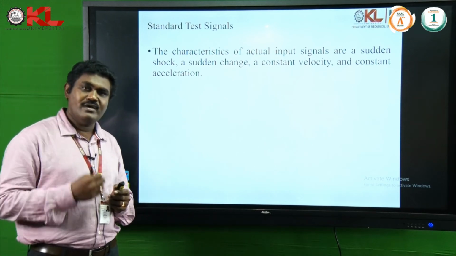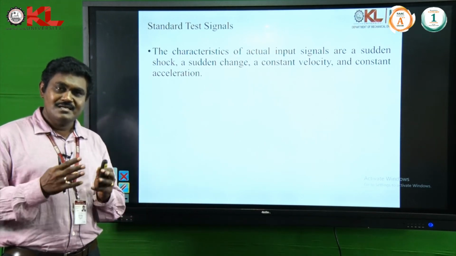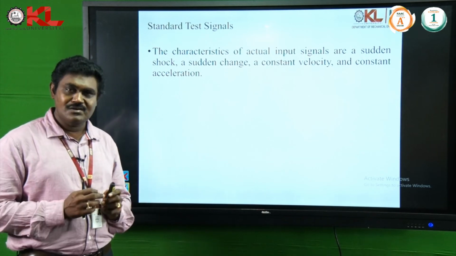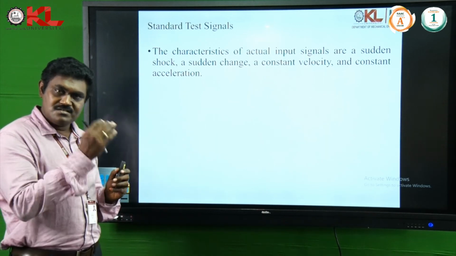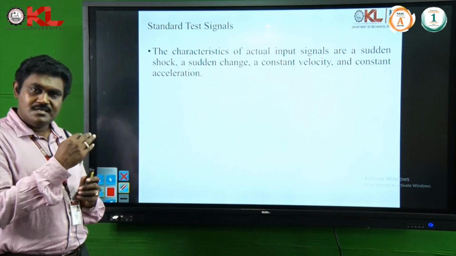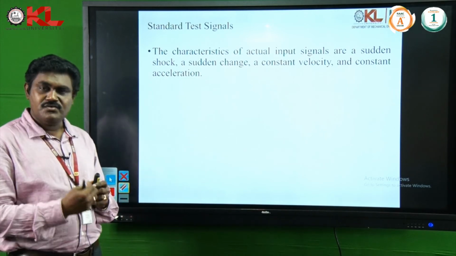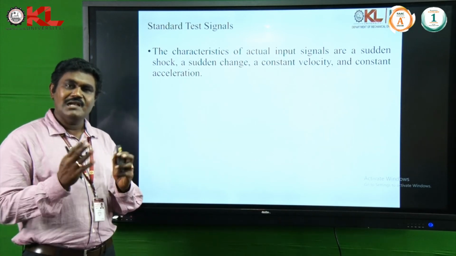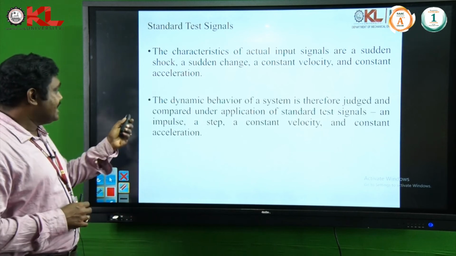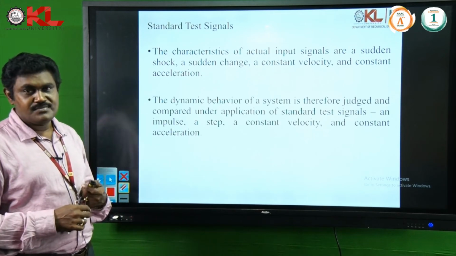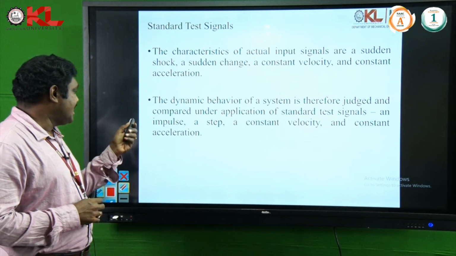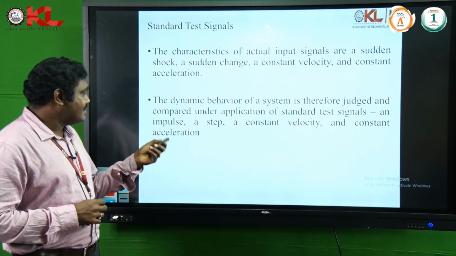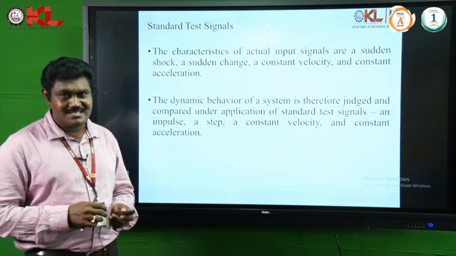These are the four varieties of test signals that we generally come across in control systems. The dynamic behavior of a system is therefore judged and compared under application of standard test signals.